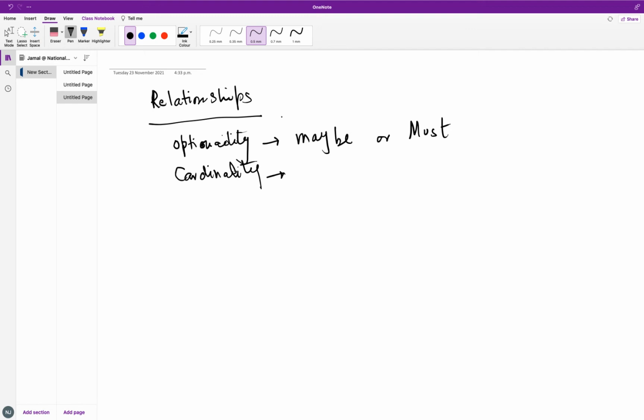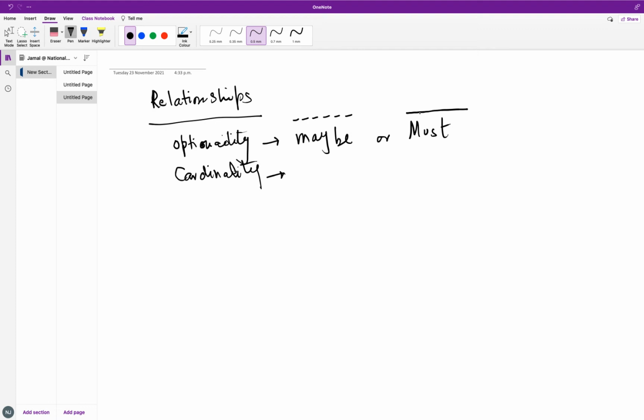In ERD notation we represent maybe with this sort of dotted line, or dashed, and this solid straight line represents a relationship as a must.